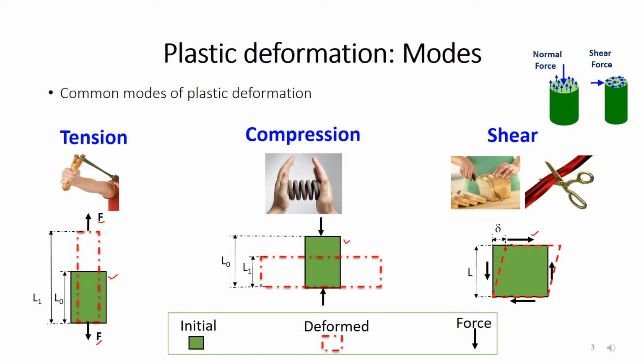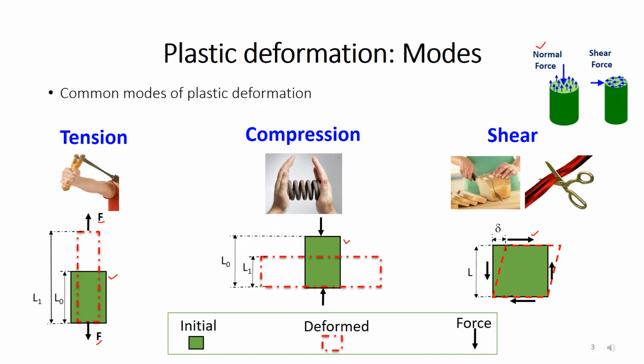So in tension and compression modes, the force is a normal force, meaning the force acts perpendicular to the cross-sectional area. Whether it is tensile or compressive, it will act in the perpendicular direction to the cross-sectional area.